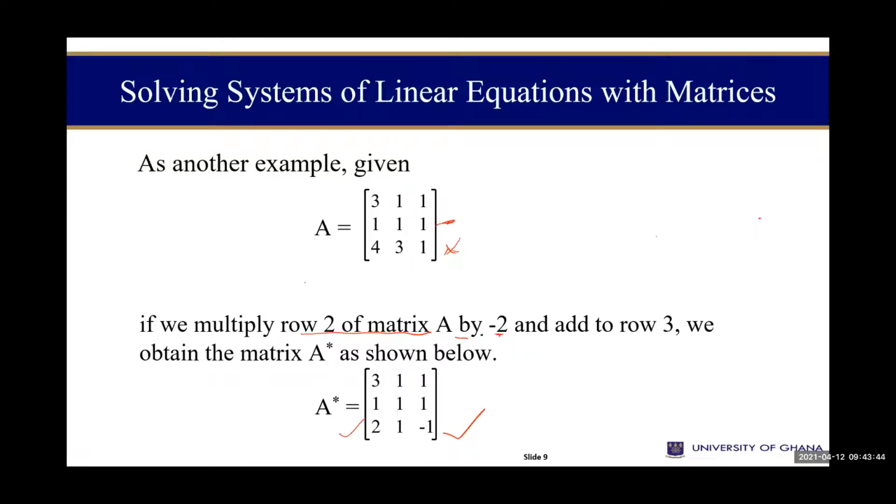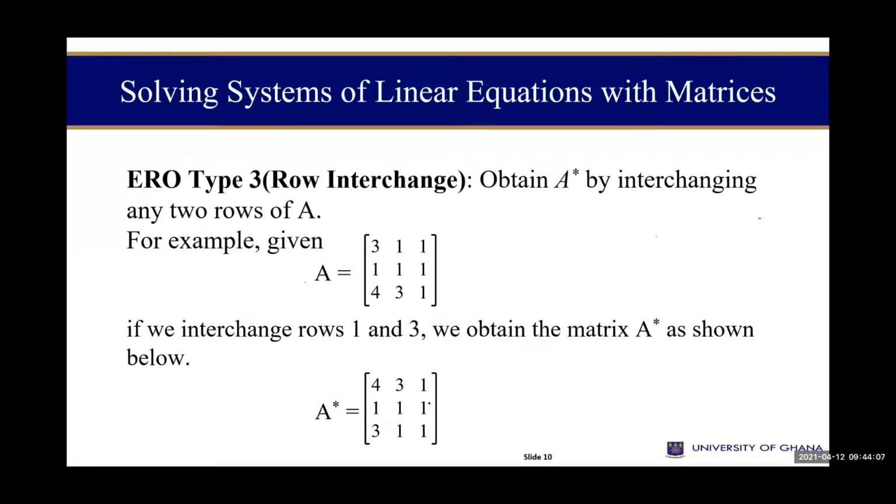So if I multiply row 2 by -2, I know this is -2, -2, -2. Okay. So 4 plus -2 will give you 2. 3 plus -2 will give you 1. 1 plus -2 will give you -1. I have only transformed row 3 by doing an elementary row operation. Okay. We can go on and on.